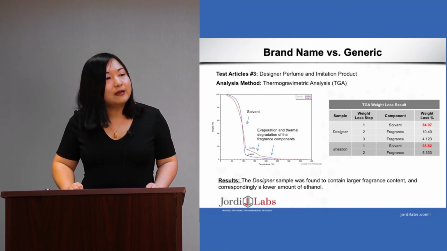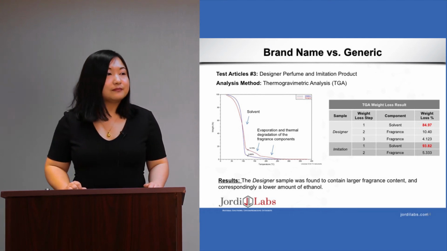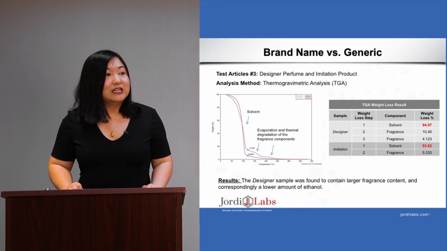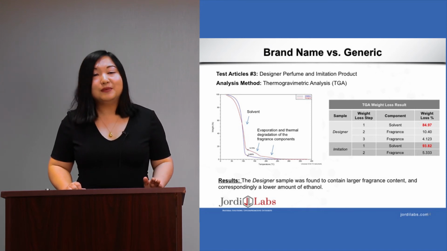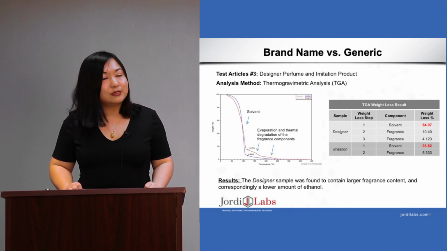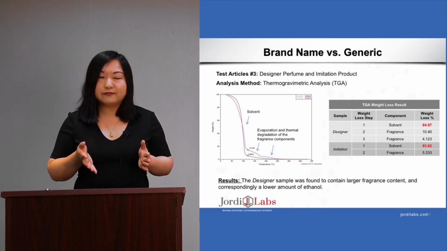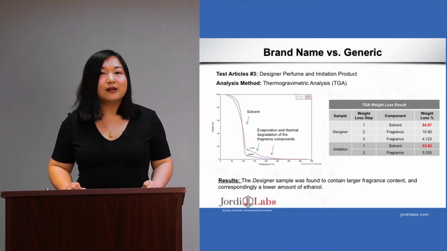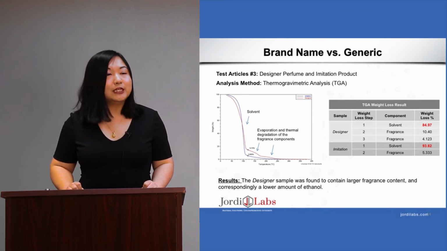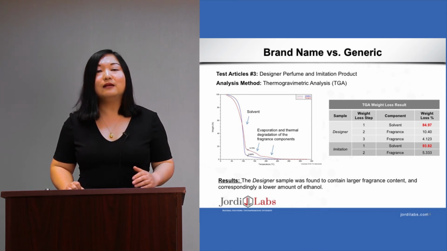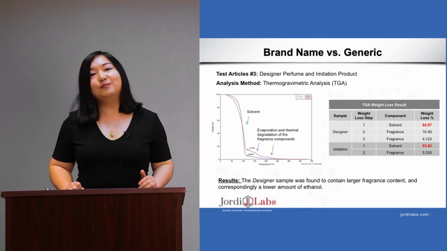What we observe here is that both the designer and the imitation products contain ethanol, and they both have weight loss at the first step. However, the weight loss of the imitation product is higher than the designer product.